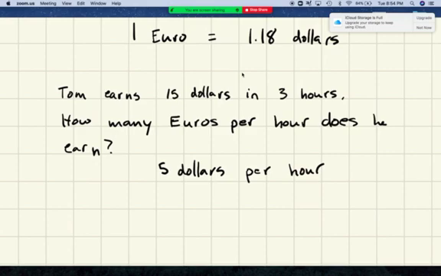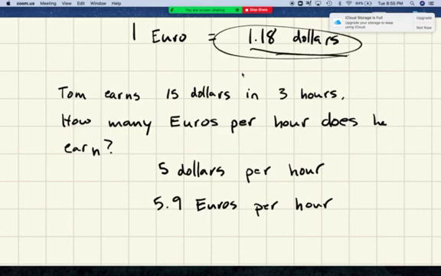So you're saying 5.9 euros per hour? Yeah. No. Okay, that makes sense. That's how much he made in an hour, yeah. So the dollars are more in this.